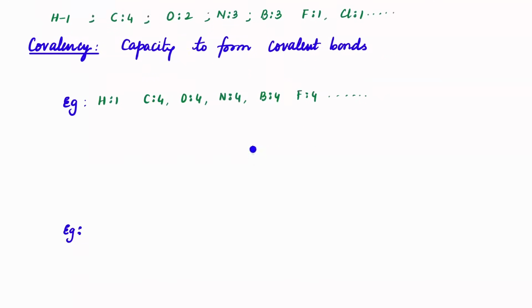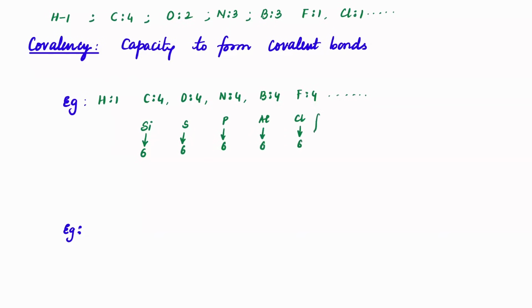Clear? But when it comes to the elements down here, like silicon, phosphorus, sulfur, aluminum, chlorine, in such cases, these can expand the valency up to 6 also. They all can expand valency up to 6.